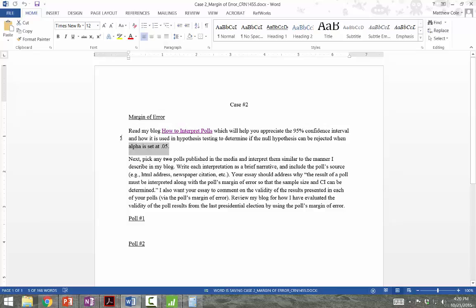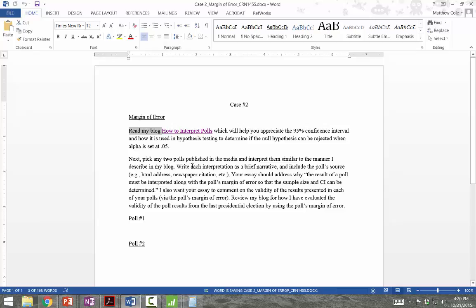Case study is called Margin of Error, and it says for you to read my blog on how to interpret polls, which will help you appreciate the 95% confidence interval and how it is used in hypothesis testing to determine if the null hypothesis can be rejected when alpha is set at 0.05. You will then pick any 2 polls published in the media and interpret them similar to the manner I describe in my blog.